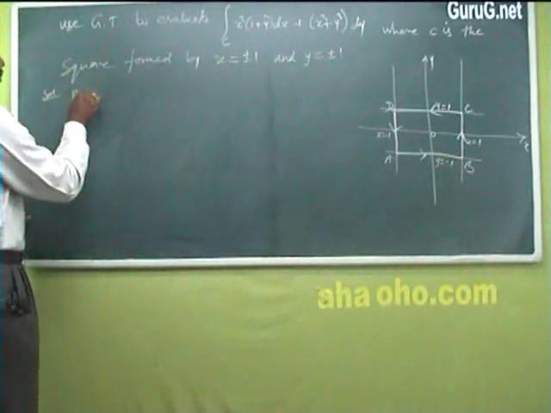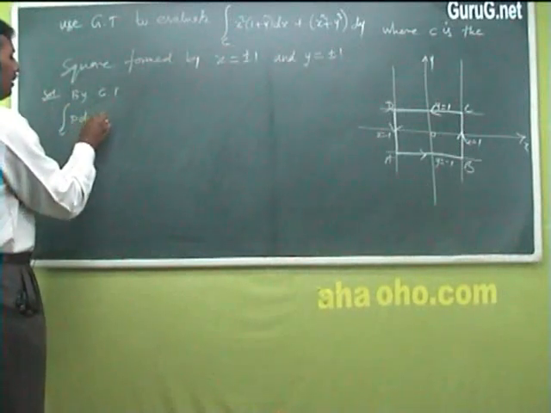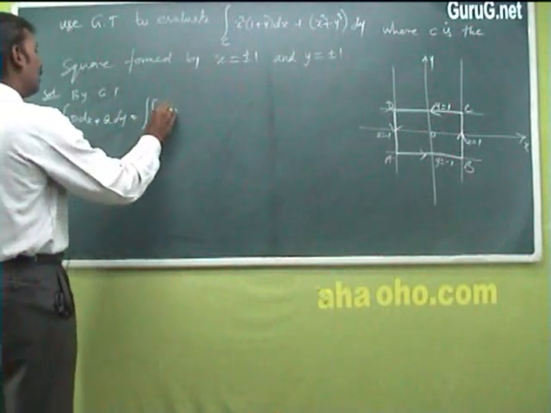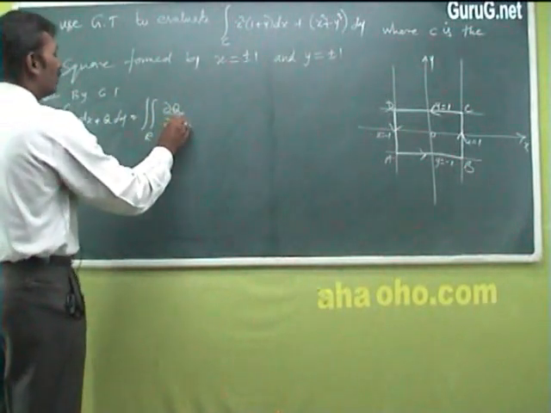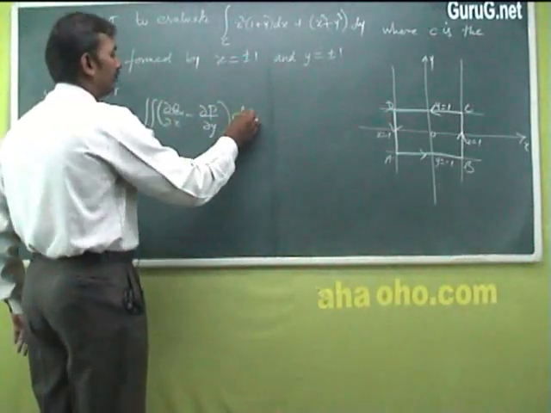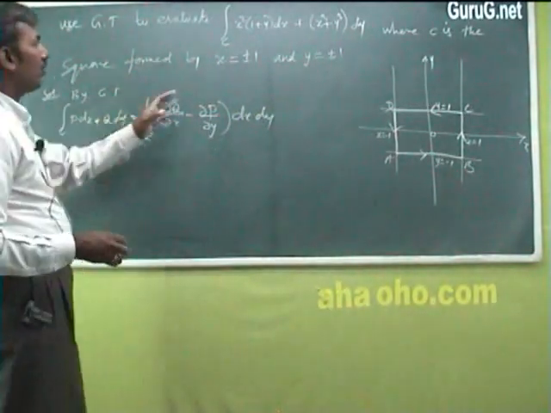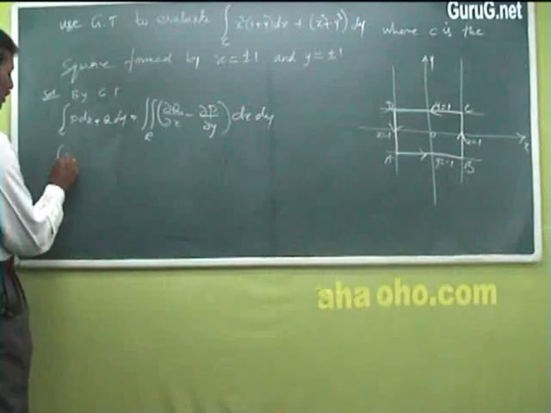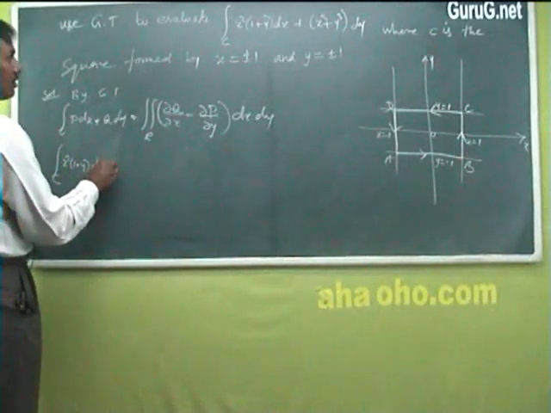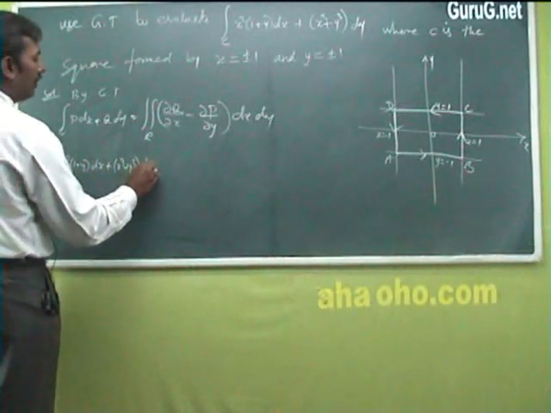By the statement of Green's theorem, integral over C p dx plus q dy equal to double integral over R of dou q by dou x minus dou p by dou y dx dy. So integral over C, write this: x squared into 1 plus y dx plus x cube plus y cube dy.